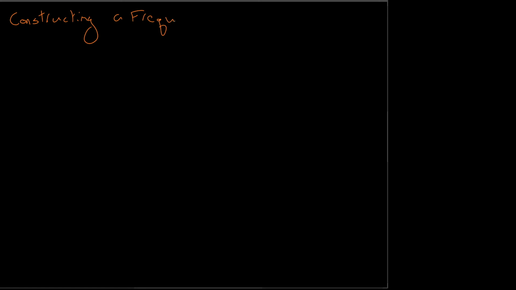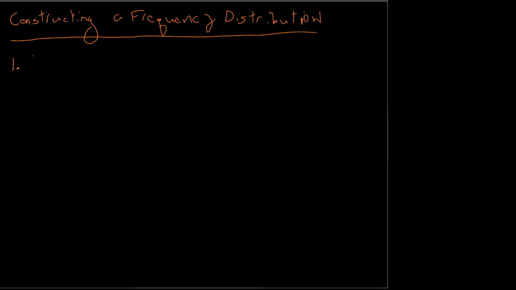So you have data and you want to look for patterns in it. You want to see how it might cluster, or you might want to talk about it more generally. Instead of looking at all the different numbers, you want to talk about how the numbers kind of come together. And so we're going to call this constructing a frequency distribution. So the first thing you need to do is you want to decide on the number of classes.